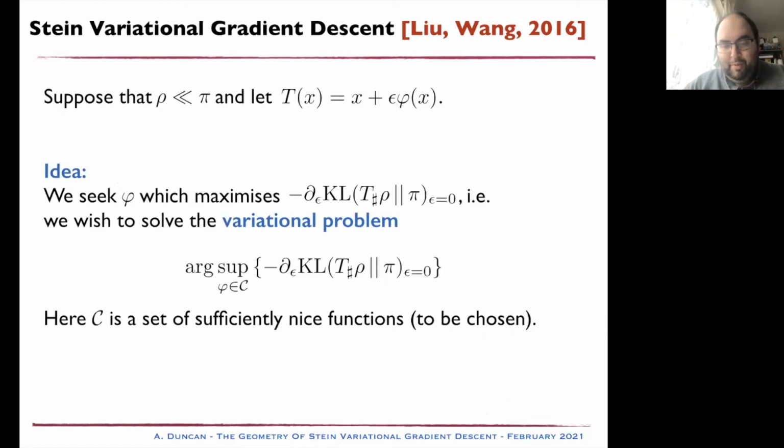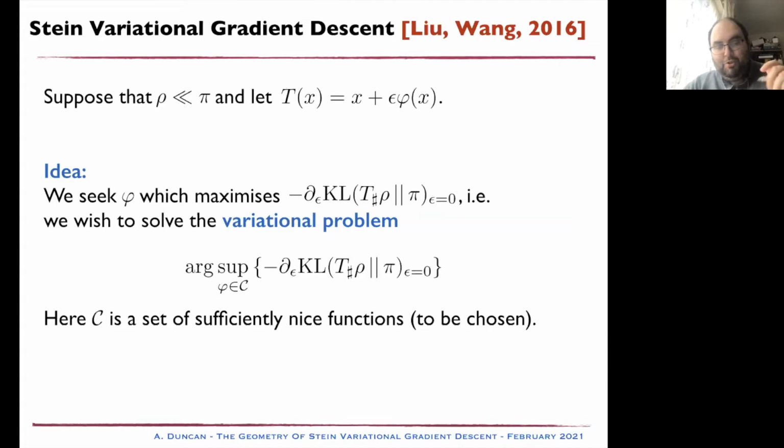But again, they also had a variational formulation. So they also reformulated their problem as an optimization problem. At every step, they needed to find their vector field which would take them a tiny bit closer to the target distribution.